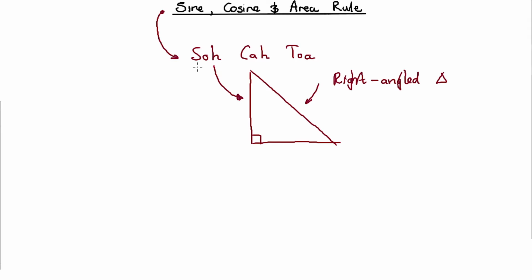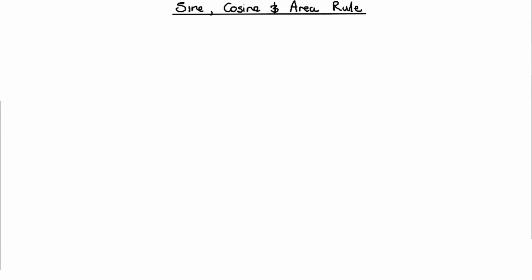So with SOHCAHTOA, sine is opposite over hypotenuse, cos is adjacent over hypotenuse, and tan is opposite over adjacent. So these ratios only apply to a right angled triangle. With the cosine, sine, and area rule, we are trying to expand that to other triangles, right?